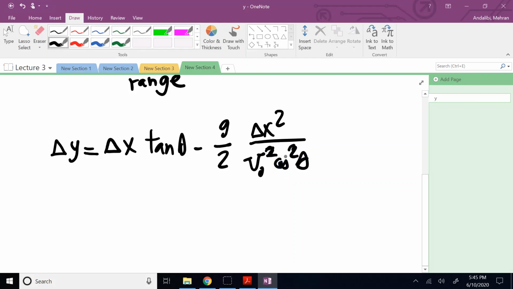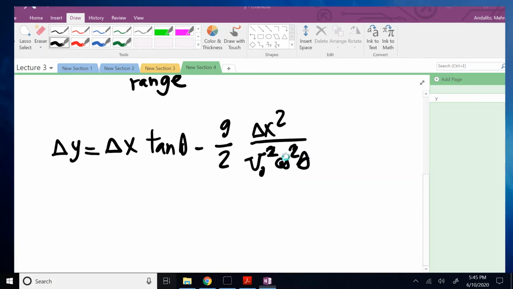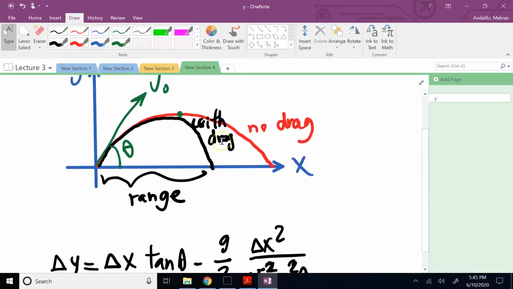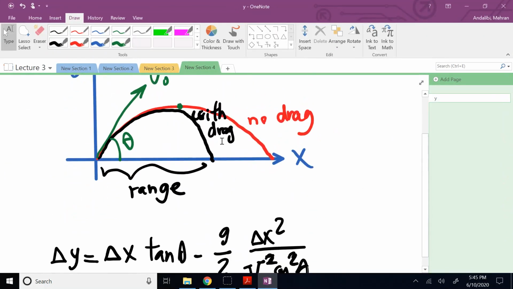So this is the equation between x and y. Now, what happened at range? So at range, clearly you see that the height of the impact point and the height of the launch point are going to be the same, in a simple scenario like this where you start from origin.